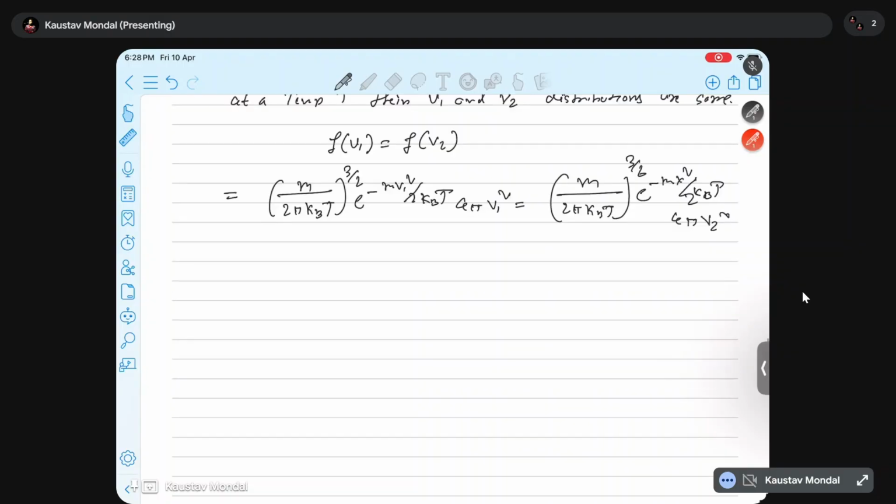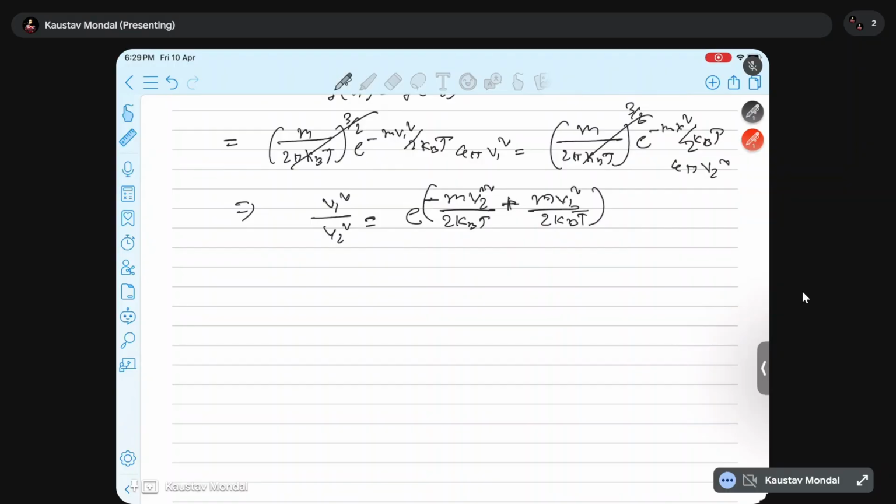Now if we cut this part, it will become v1 square by v2 square equal to e to the power minus m v2 square by 2kbT, and this exponential will go to the denominator, so it will become m v1 square by 2kbT, right?